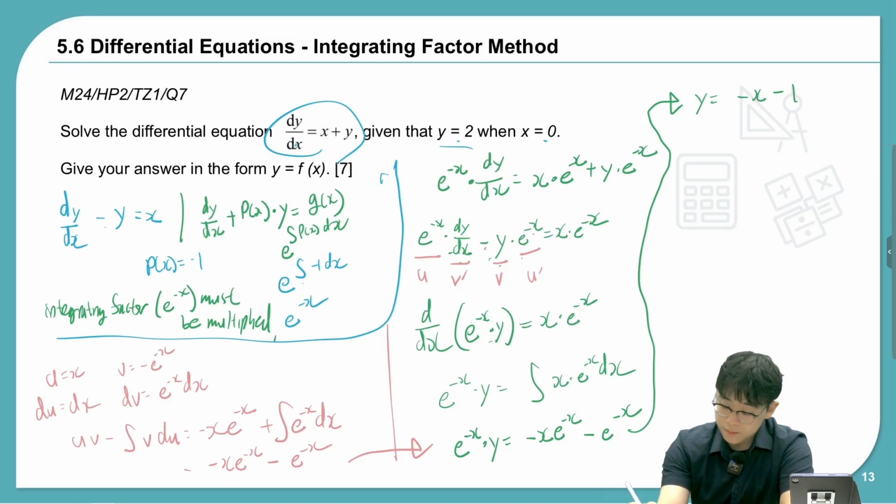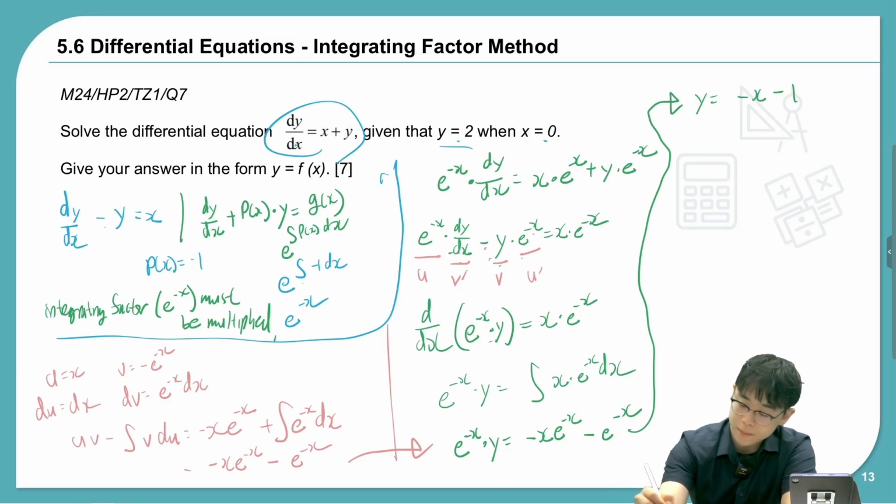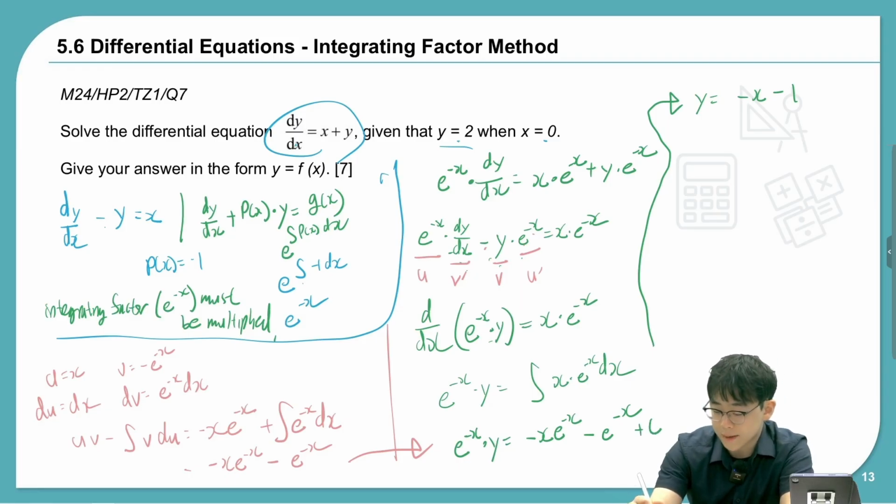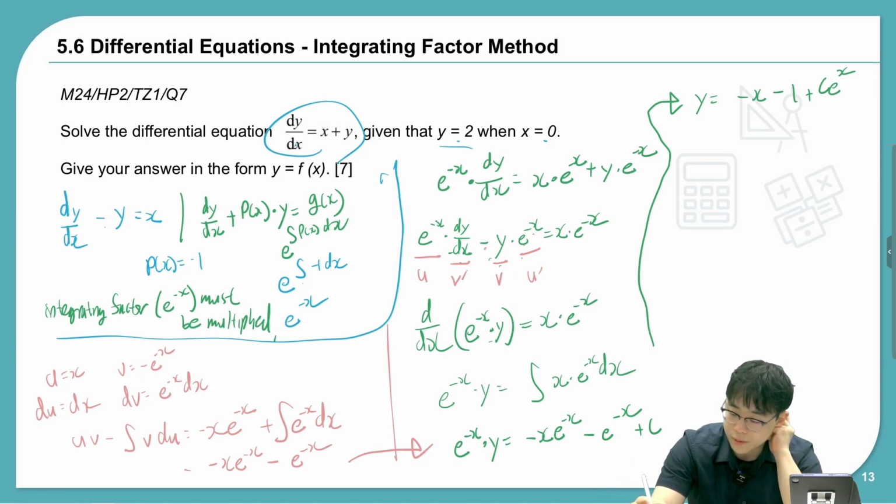And then, oh, but we also have to have a plus c here, because of the integration constant. Okay, so y is going to be negative x, negative 1 plus c times e to the power of x, right? Because e to the power of negative x is non-zero, we're able to divide it away. Okay. So now comes the time to find what c would be.